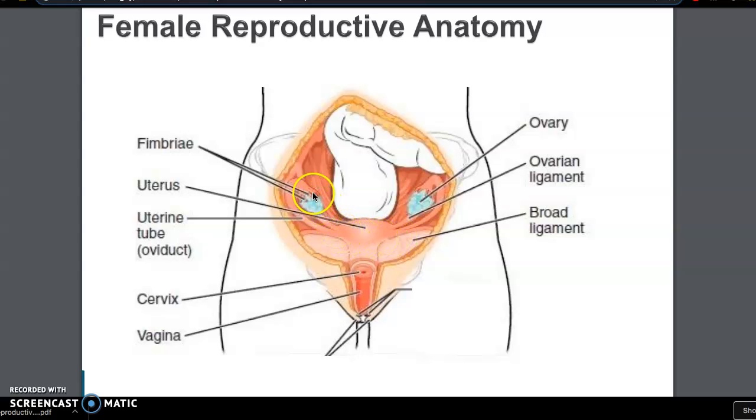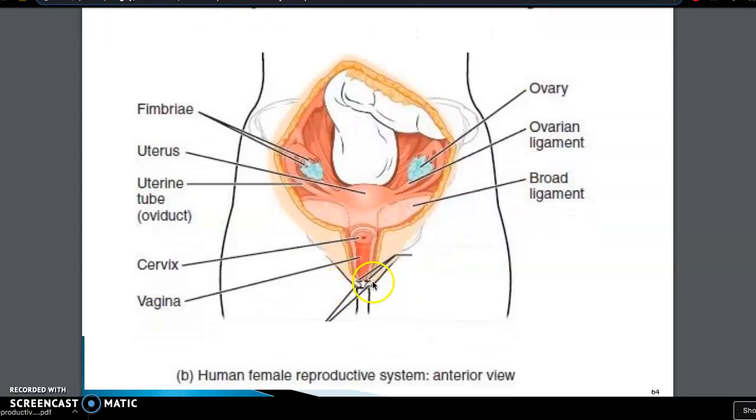And then here are the fimbriae, finger-like projections at the end of the fallopian tube that cover the ovaries. They help move and carry eggs closer to the oviduct, and once the egg is fertilized, it'll go into the uterus.